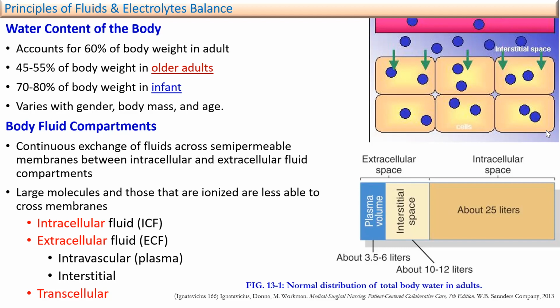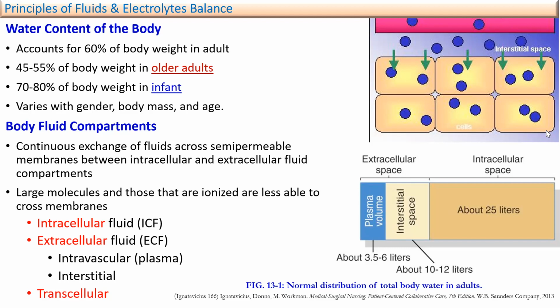The first one is in the blood vessels, which is the plasma or the intravascular space, and the other component of the extracellular fluid will be in the interstitial space. So the extracellular fluids are either in the blood vessels or the interstitial space. And then we have the third, smallest volume of fluids, in the transcellular compartment.